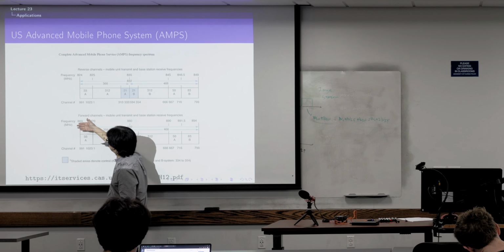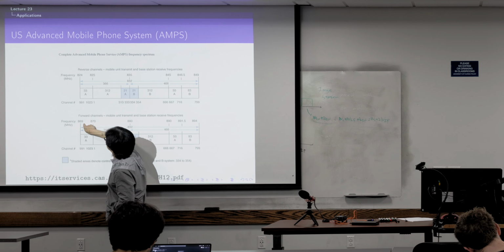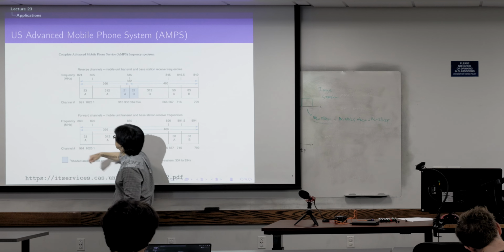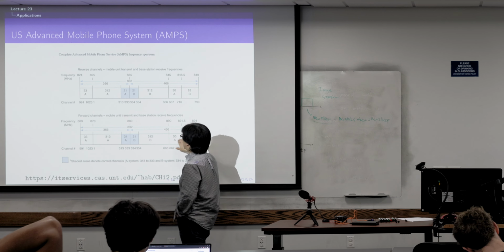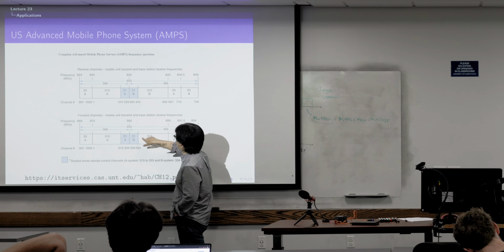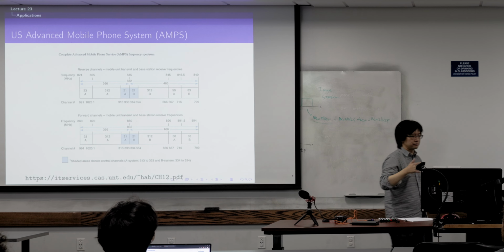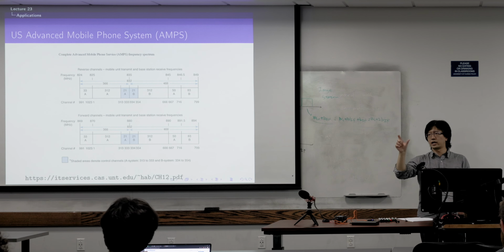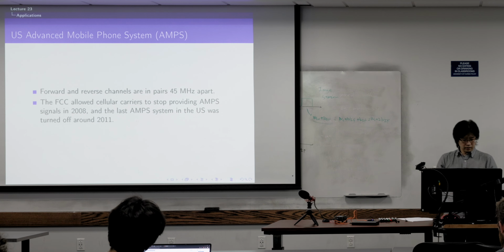The difference in frequency between here and there is 869 minus 824, which is 45 megahertz. All those are the channel numbers. Different bands have different channel numbers. A and B basically mean that for a certain range of channel numbers we call that A, and for some others we call that B.